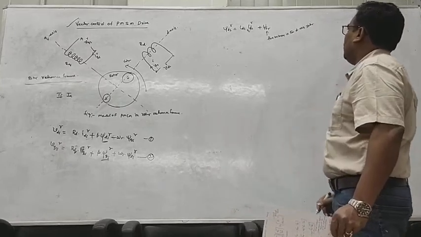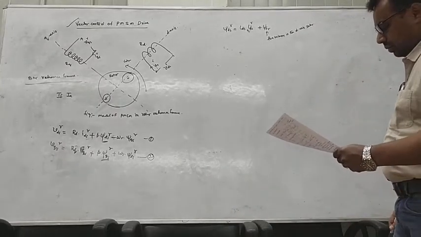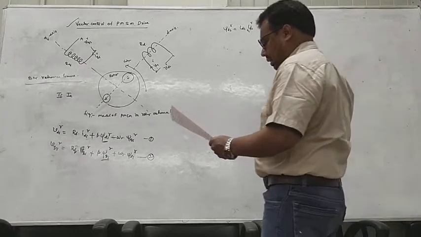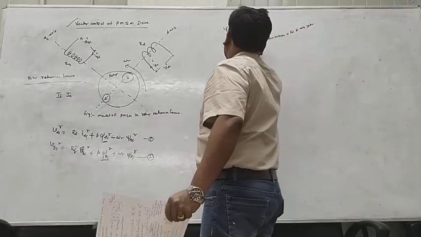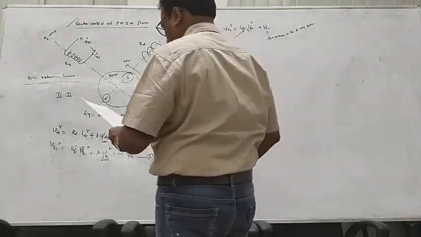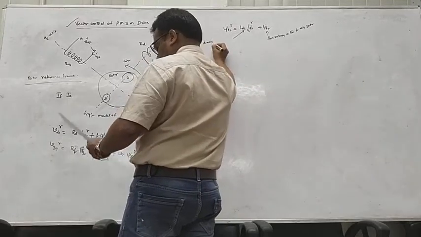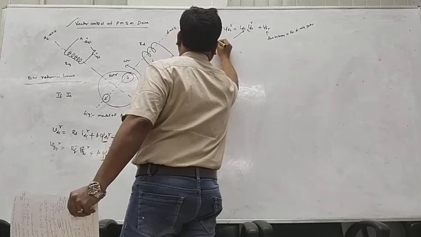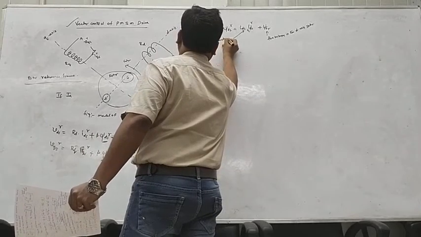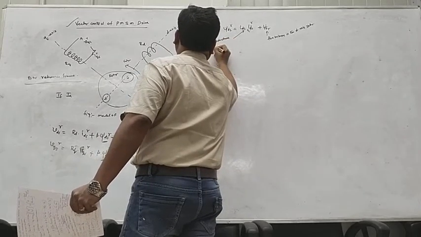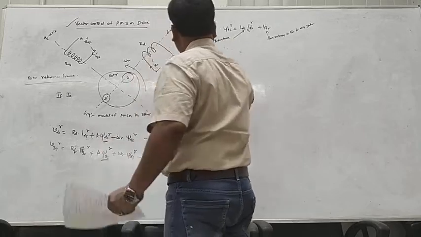And LDS is the direct axis inductance, the D axis inductance of the stator.